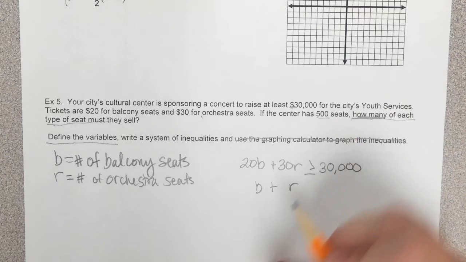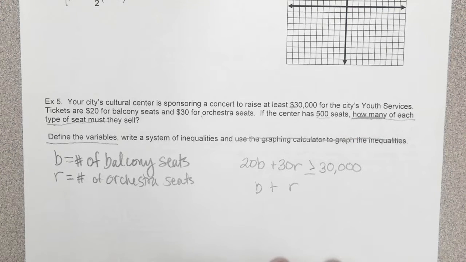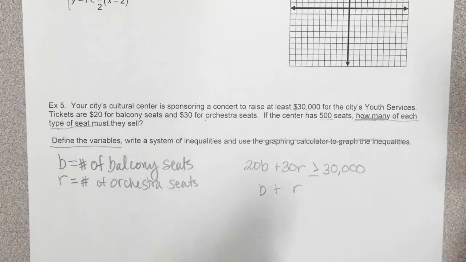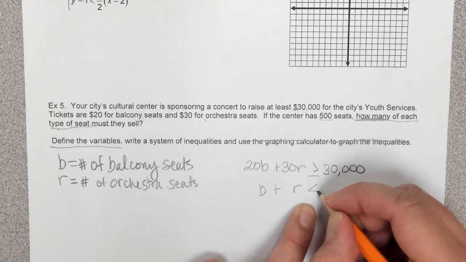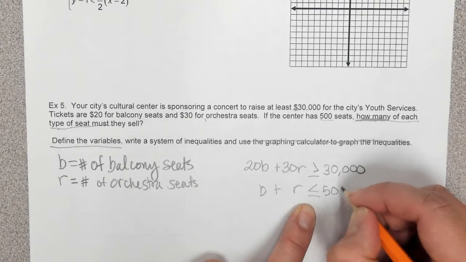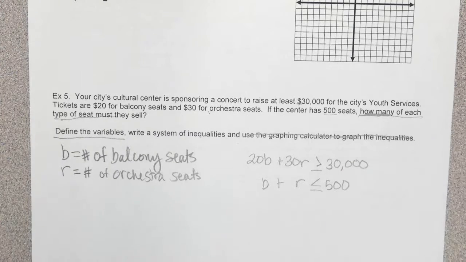Can they sell exactly 500 seats? Sure. Can they sell more than 500 seats? No. It's not possible. They can't, like, bring in a seat, right? Can they sell less? Yes. So our inequality would be what? Less than or equal to 500. And we will just end that one there. Okay? We'll just stop it there.